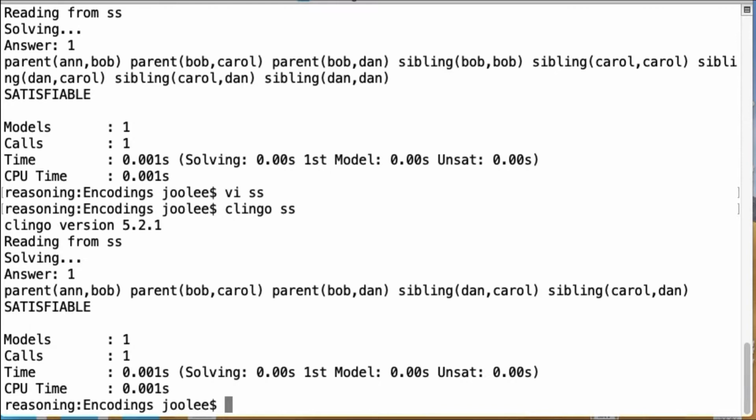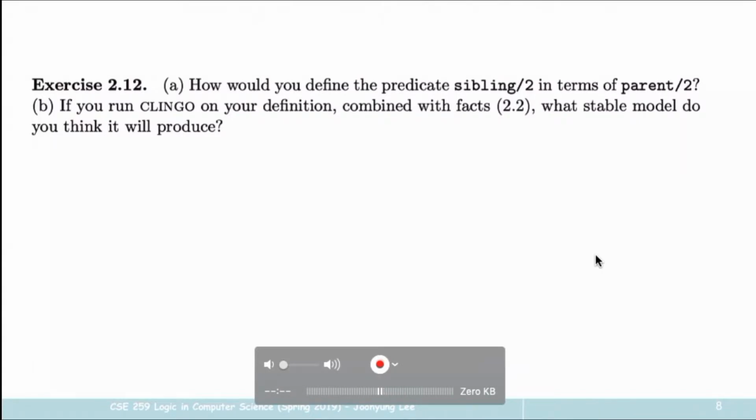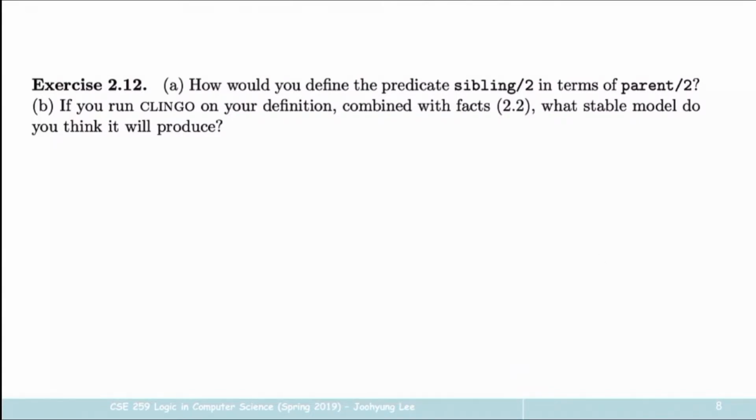You didn't include the fact that siblings are distinct people, so we don't say X is a sibling of itself. But you forgot to add that information, so that's why the computer generates such a solution. So in a sense, it's easy to debug. Once you write the rules, a few weeks later we'll do bigger programming, and instead of just one or two rules, you may have to write maybe 4 or 5 rules.